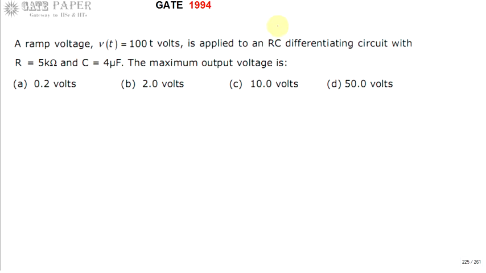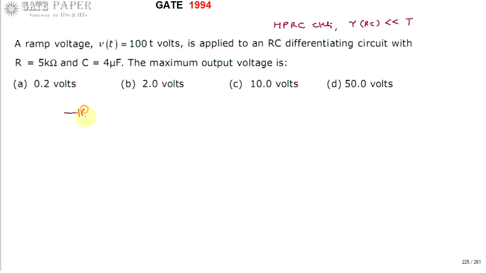So an RC differentiating circuit is nothing but simply a high pass RC circuit, and the time constant tau is nothing but R into C. The time constant is very small compared to the duration of time you are applying the signal. If this condition is satisfied, then that high pass RC circuit can act as a differentiator.